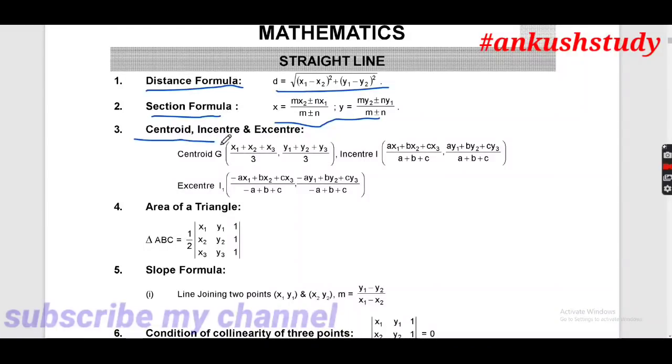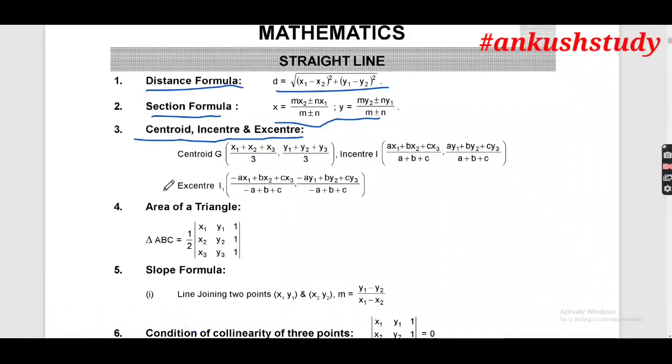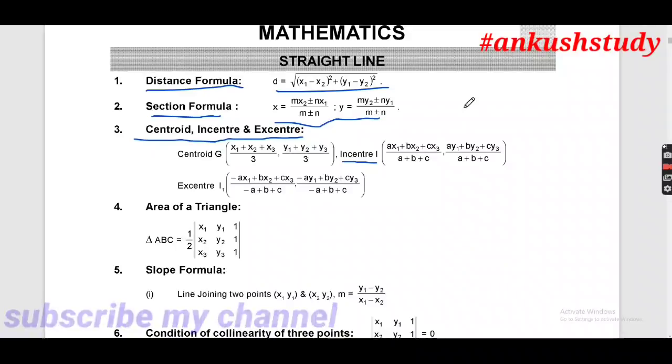And these are the centroid, incenter and excenter formulas. So what is the centroid formula? It is (x1 plus x2 plus x3) upon 3, and (y1 plus y2 plus y3) upon 3. And this is the incenter formula: (a x1 plus b x2 plus c x3) upon (a plus b plus c), comma (a y1 plus b y2 plus c y3) upon (a plus b plus c).